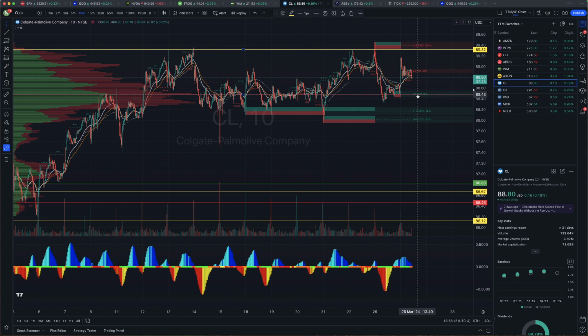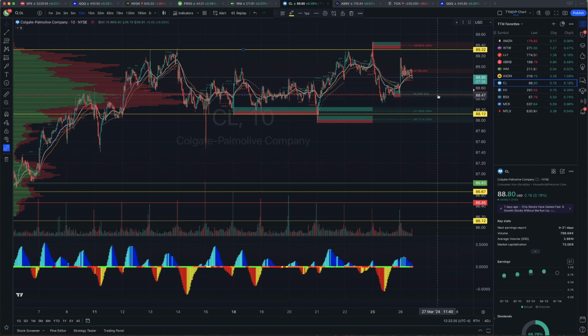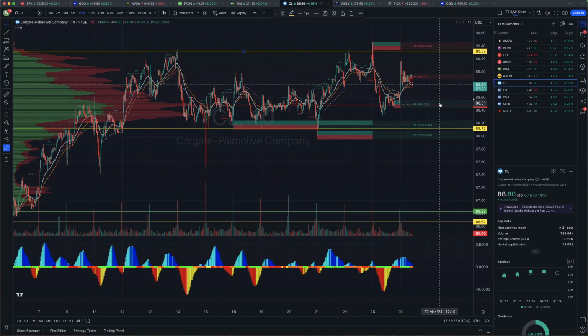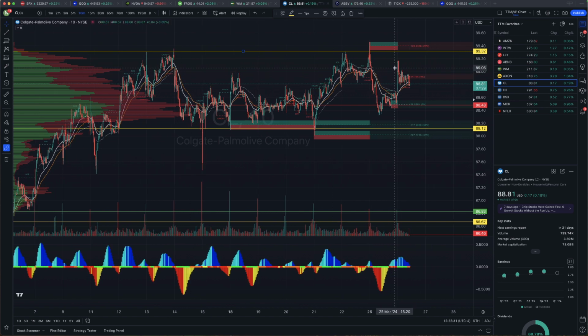But I would definitely like to pick this up right in here, or even down here at 88.12 if that's another option. So I like CL as well for a push.